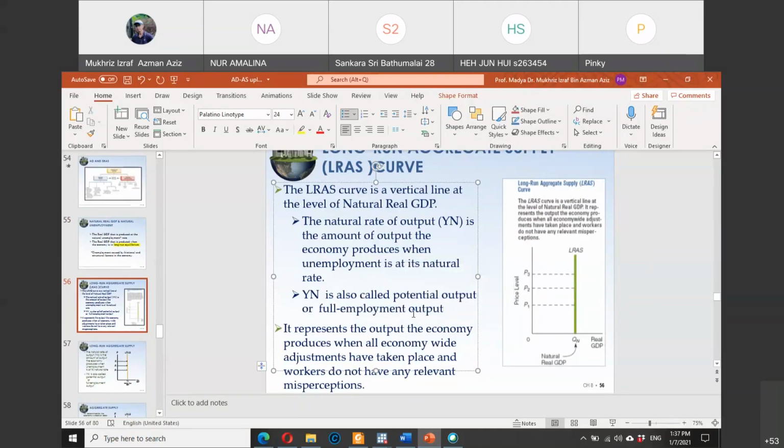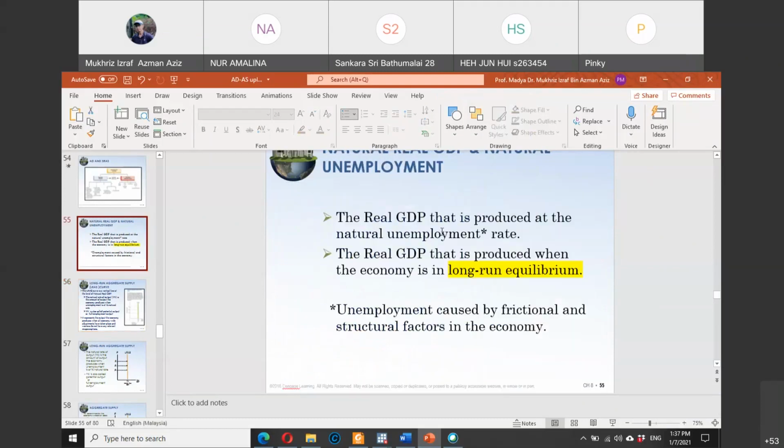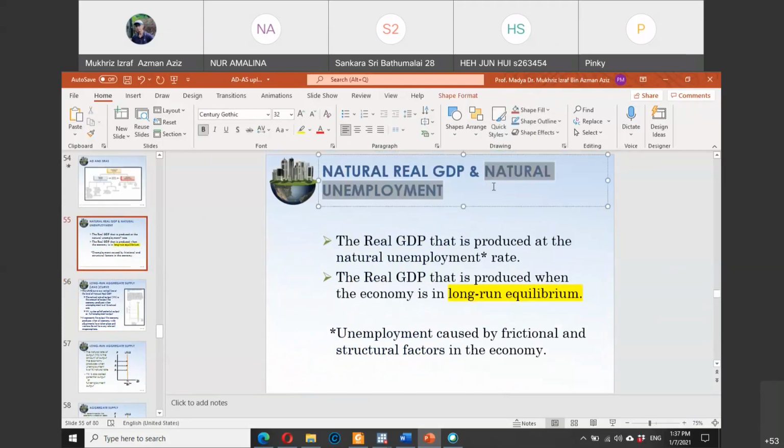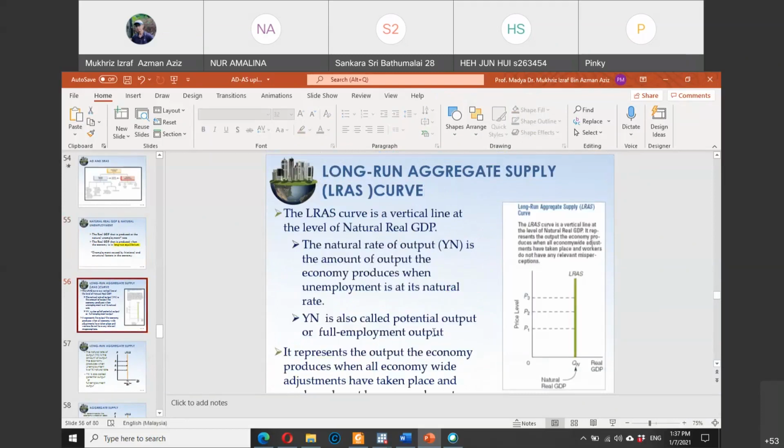The words full employment, do not get confused with the term natural unemployment. Natural unemployment is not equal to full employment. Even though the term full employment is used, there will always be unemployment.